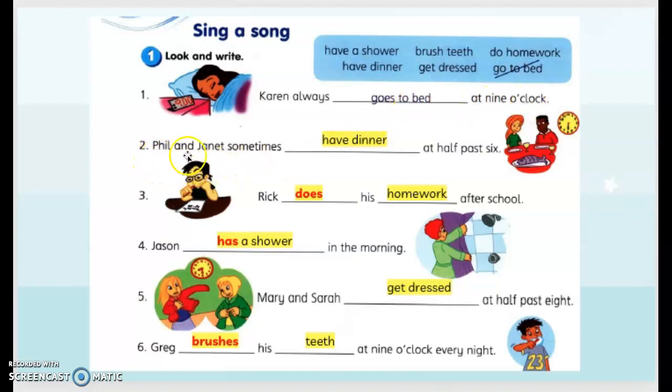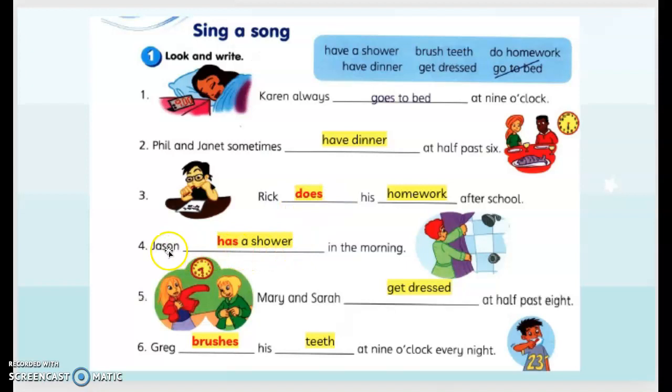Okay, number 2. Bill and Janet sometimes have dinner. So this one I did not change because Bill and Janet are plural. And the third one, Ricky does his homework after school. If you see the word highlighted with the yellow ink, I've changed it to does because Ricky is singular.